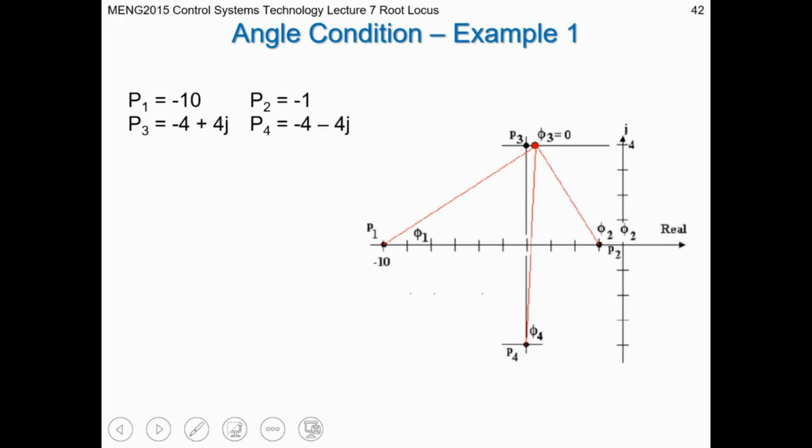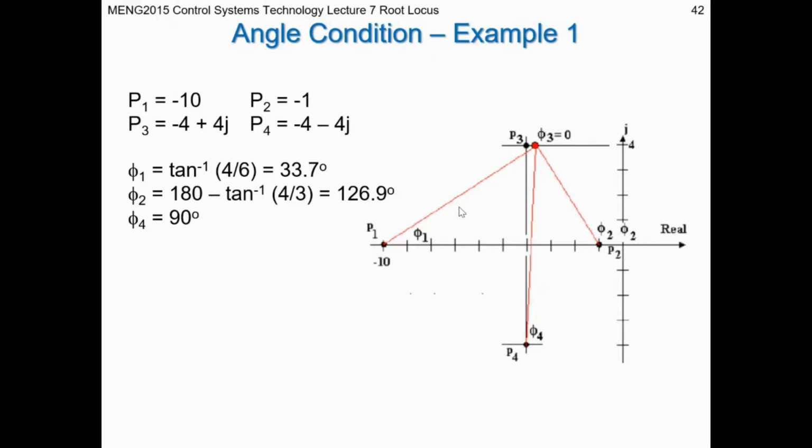Right, so here are the pole locations. P1 is at -10, P2 is at -1, P3 is at -4 plus 4j, P4 is at -4 minus 4j. The first angle, phi1, we're just using tangents, pretty straightforward trig. Opposite over adjacent, opposite is 4, adjacent is 6.